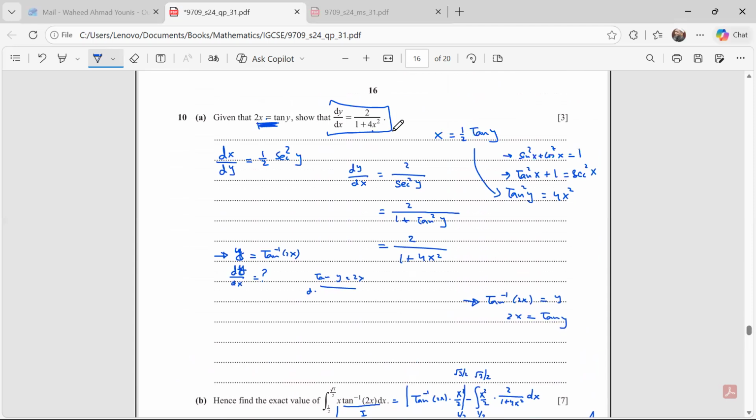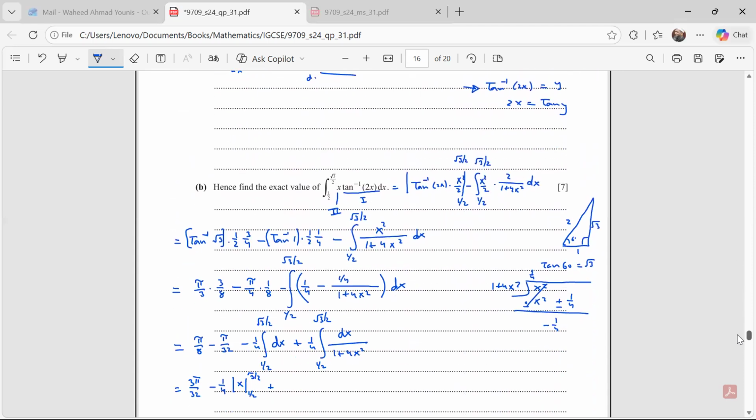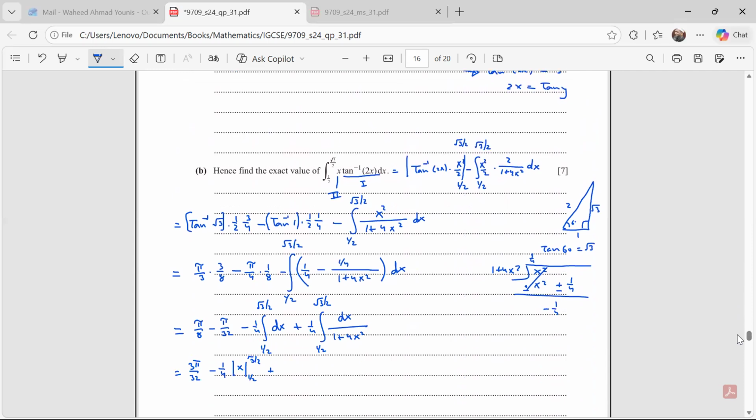That was the complete derivative, 2 over 1 plus 4x squared. So I want to bring it in that shape. So 2 over 1 plus 4x squared. So if I multiply by 2, I do have to divide and it will become 1 by 8. Okay, so I have plus 1 by 8.